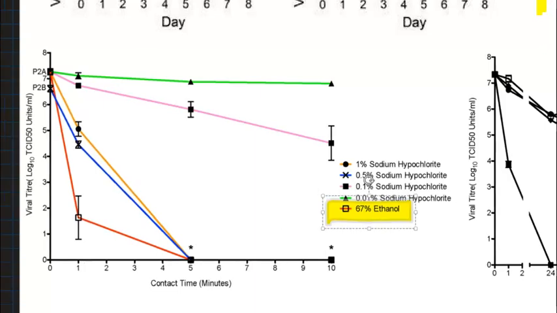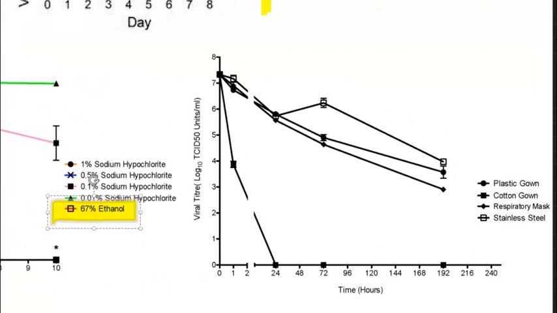What I seriously don't understand is this graph. It makes no sense. This is data, but I can't wrap my mind around it. So if you look at this data, the virus can persist for a pretty long time on the respiratory mask, which I'm fine with. It's porous, it can hide in there.